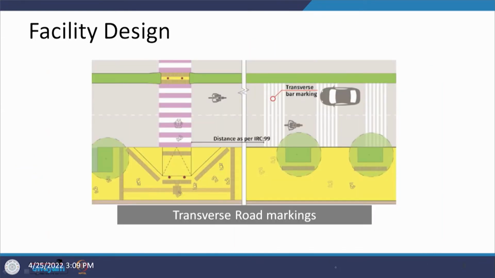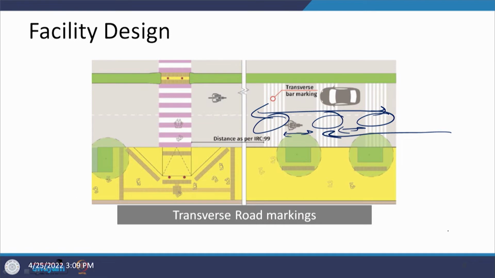Let us see what additional thing is being added in this one. If you see, the additional thing being added is here. They are the transverse bar markings, and these are actually a set of 6 lines at one point of time, placed at a specified distance for the traffic which is coming from here, to warn them that they are reaching a location which is probably going to be hazardous if not taken care of.